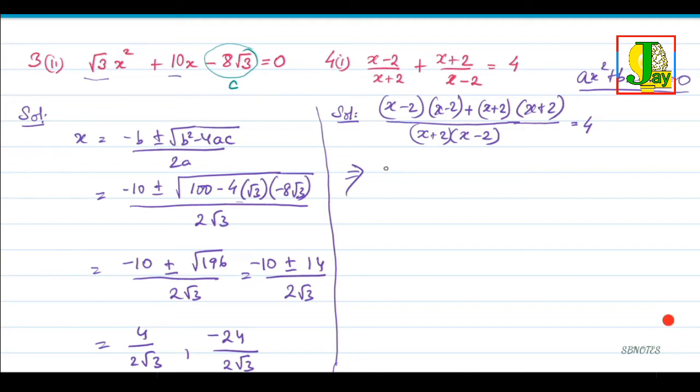What do we get? a square, that's x square plus b square 4 minus 2ab, so a minus b whole square. Okay, so minus 2 into 2, 4 into x, minus 4x. So okay, plus a plus b whole square, again a square plus b square plus 2ab, that's 2 into 2, 4x.